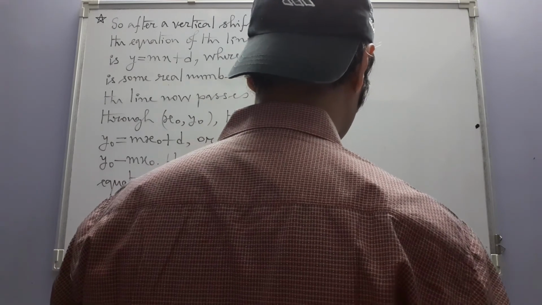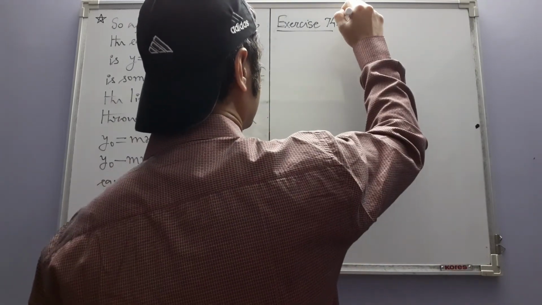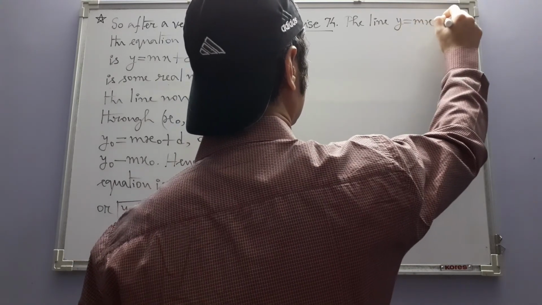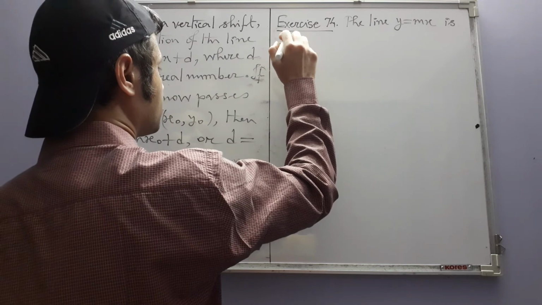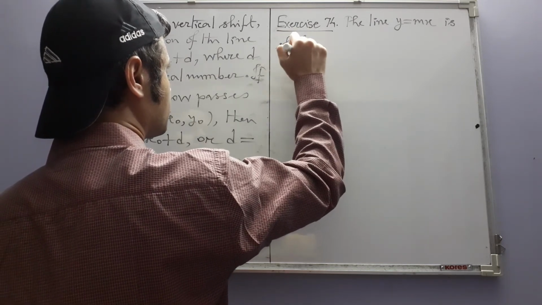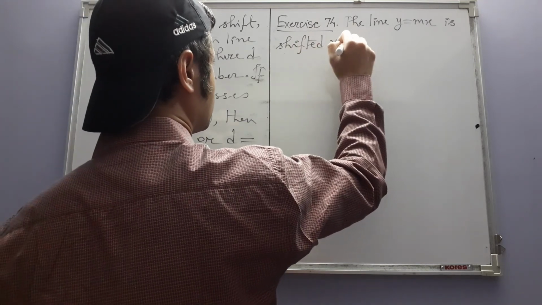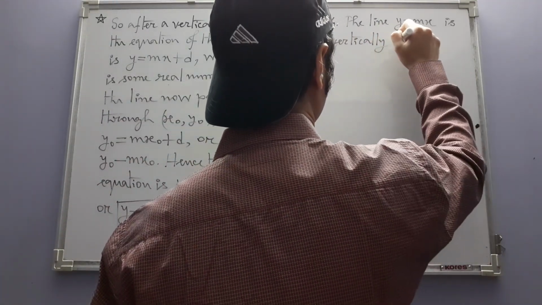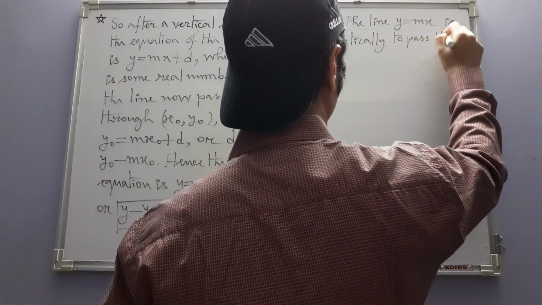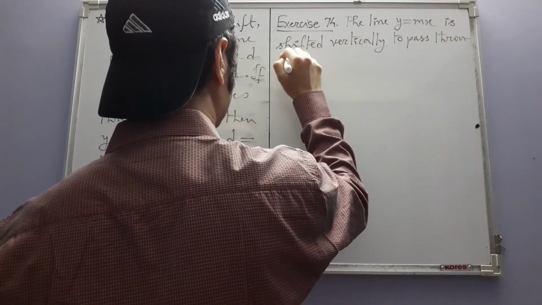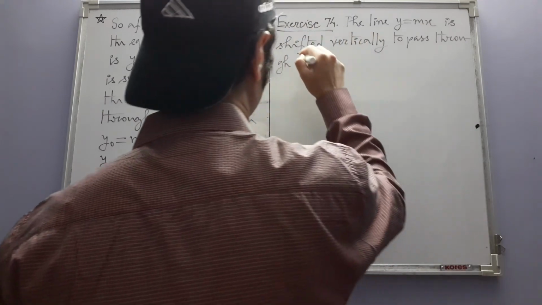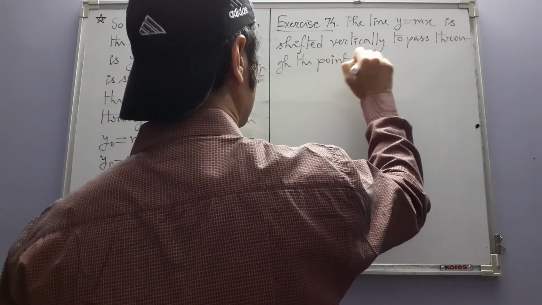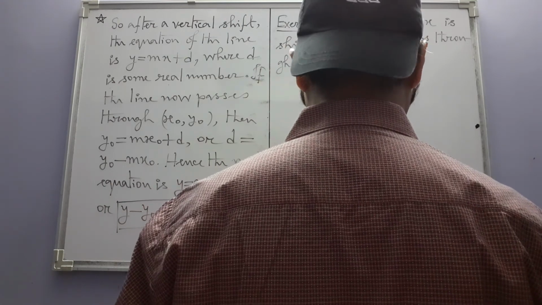The line y equal to mx is shifted vertically to pass through the point 0, b. What is the new line's equation?